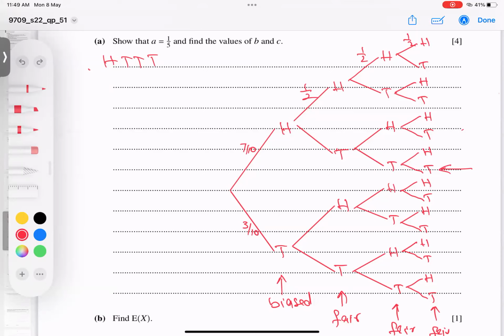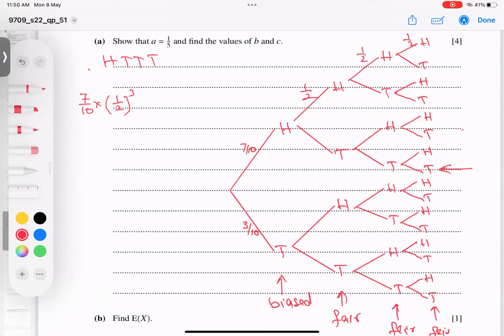This is not a hard job. 7 by 10 into 1 over 2 into 1 over 2 into 1 over 2. 1 over 2 is coming 3 times, so you can write 1 over 2 to the power 3. I hope you got the idea.